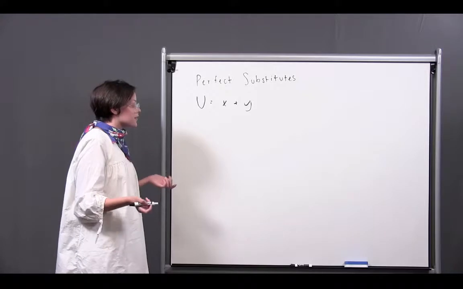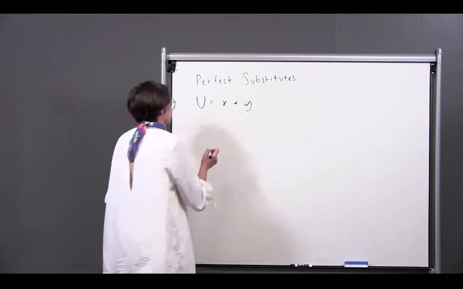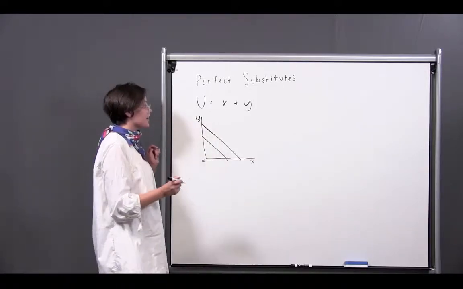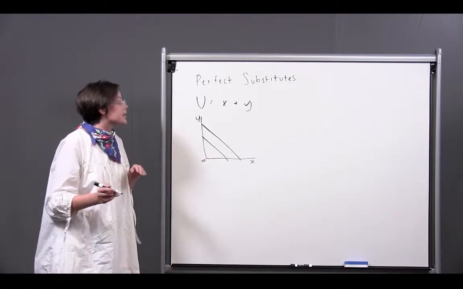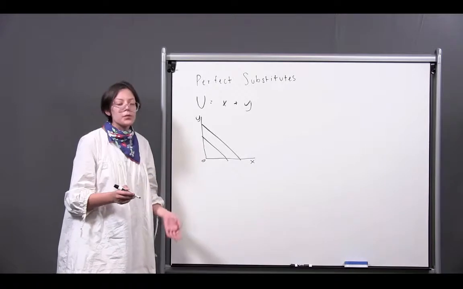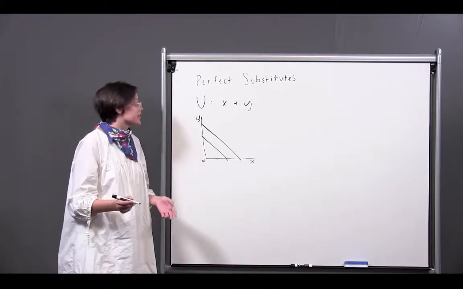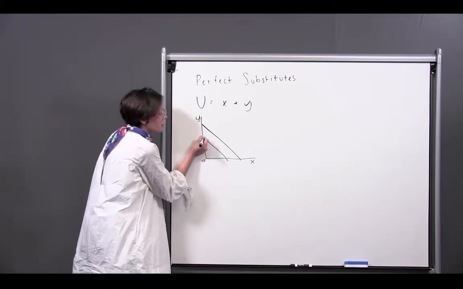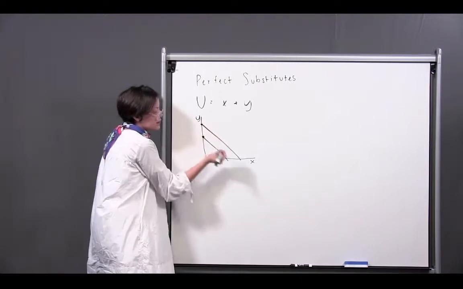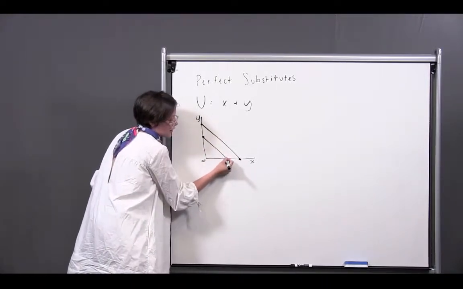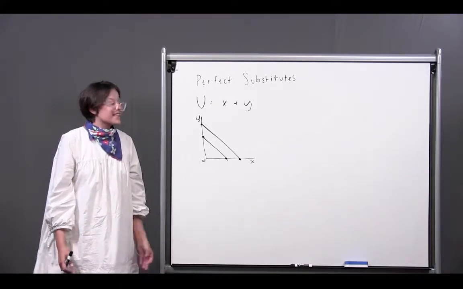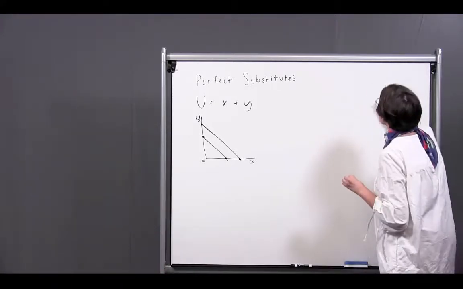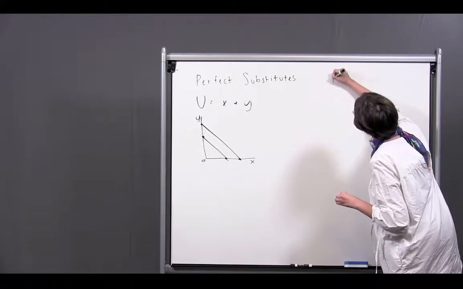So the utility graph would look something like this. You would see that the functions would be straight lines, and when the consumer was optimizing their consumption, they would consume at these points, either all of x or all of y based off of price. So that's perfect substitutes.